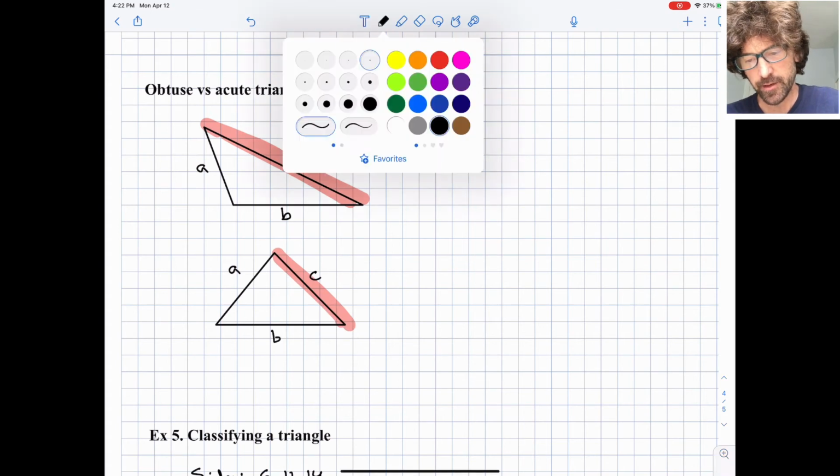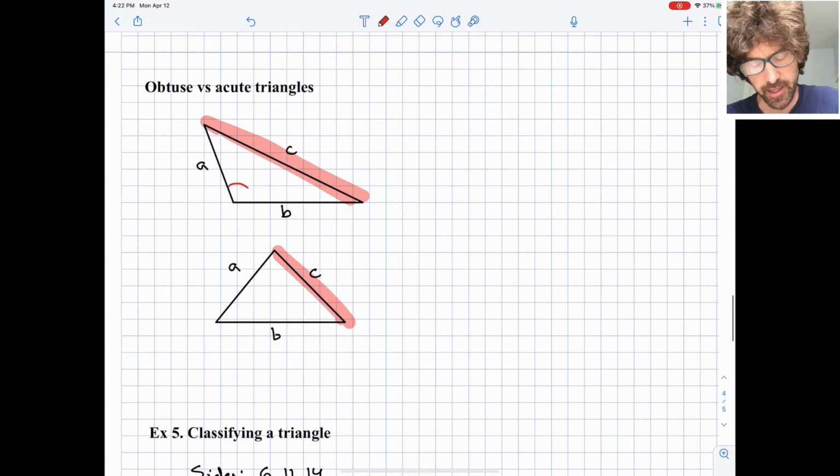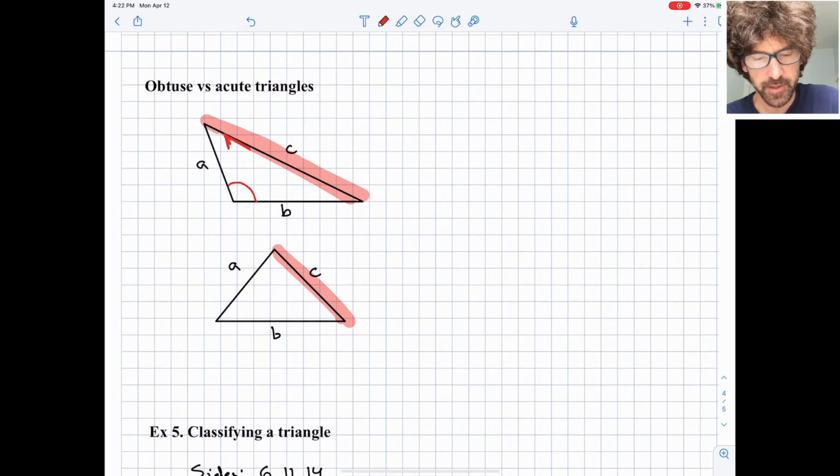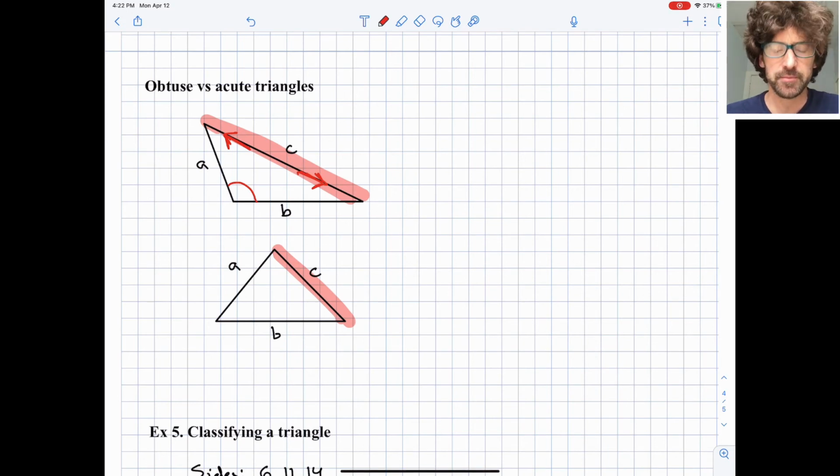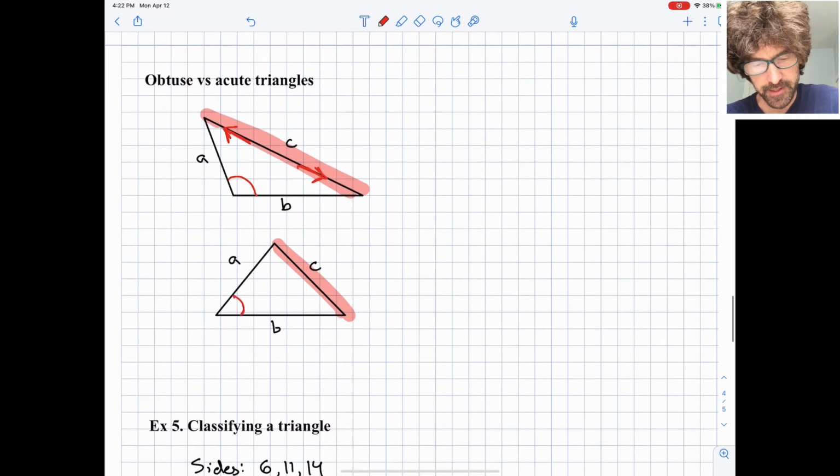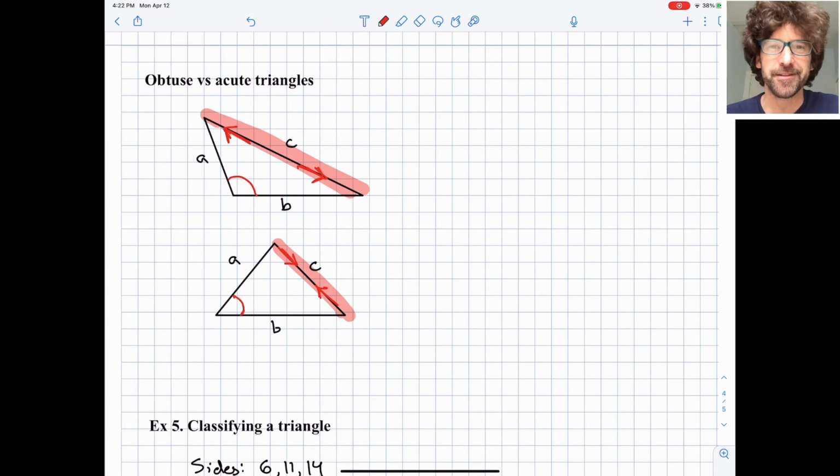If we're working with an obtuse triangle, in other words, if the angle between a and b is obtuse, it kind of means that c has been pushed out too far, that angle has been opened up too much, and c is longer than you would expect it to be if the Pythagorean theorem was working. And separately, for an acute triangle, you can think of c as being sort of too small, smaller than the Pythagorean theorem would suggest, and then we would have an acute triangle.